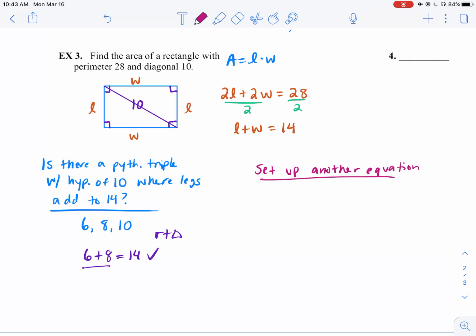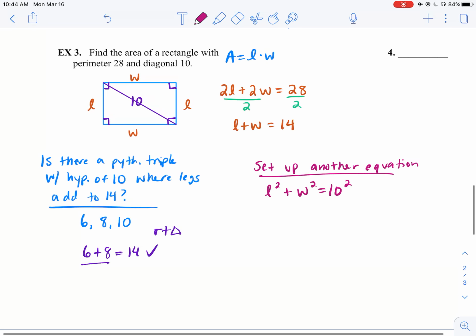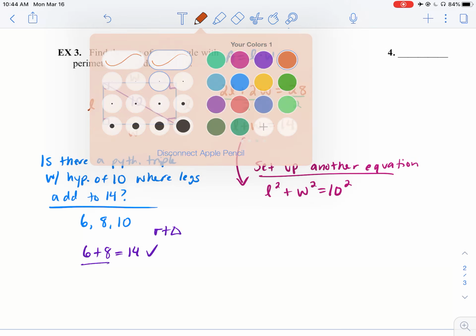Because it's a right triangle, I know that the length squared, L squared, plus W squared is equal to 10 squared. If L squared plus W squared equals 10 squared, that means I could use substitution and replace in my equation.